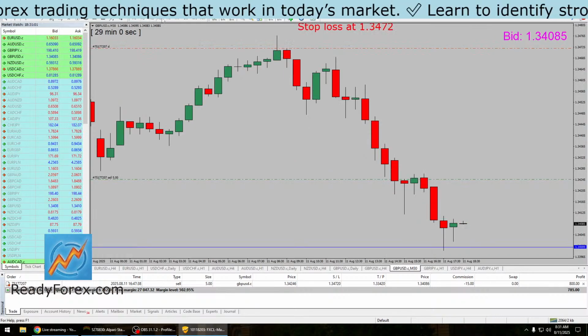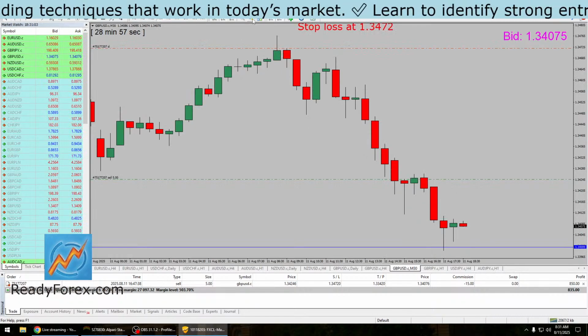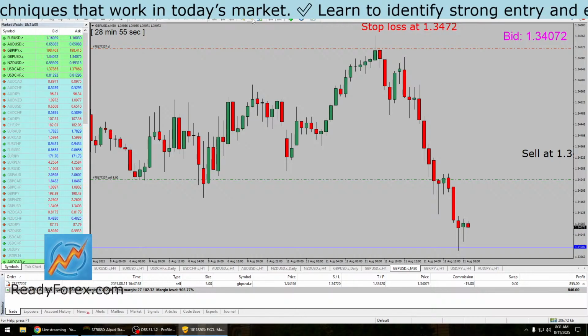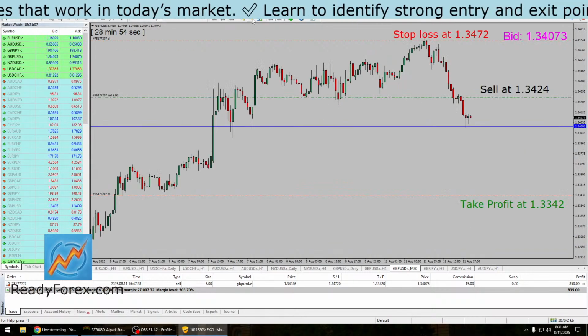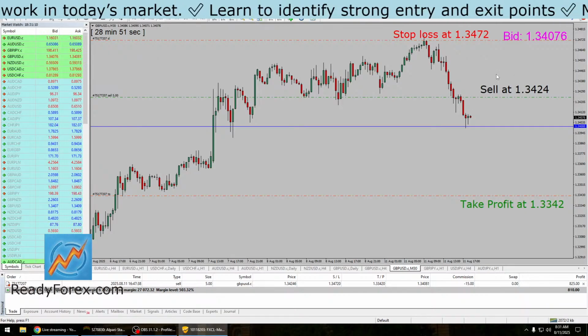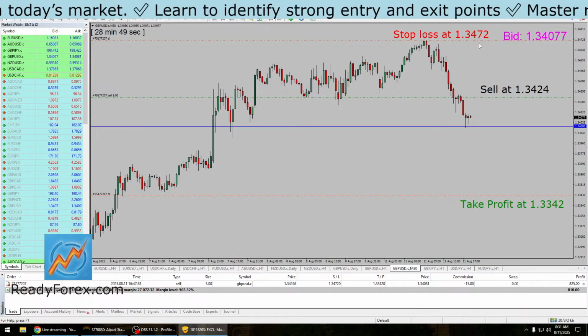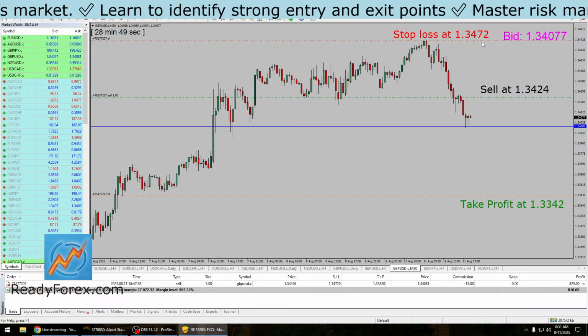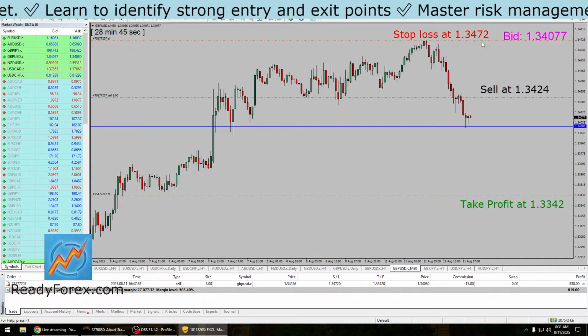What I'm going to do now is just to be on the safe side, because market can do whatever market wants to do. I'm going to move my stop loss down. I'm going to lock in some pips.